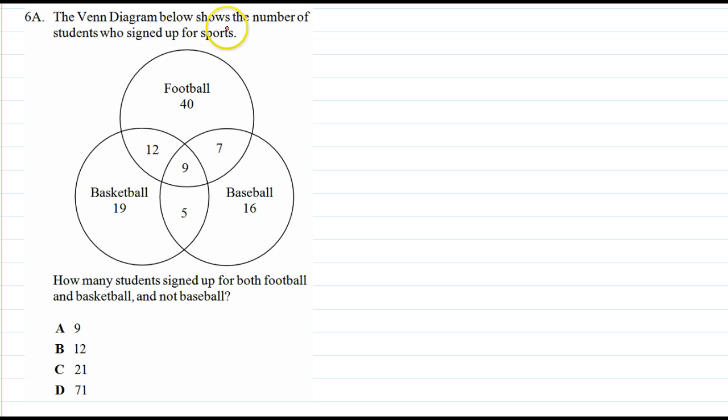6A, the Venn diagram below shows the number of students who signed up for sports. How many students signed up for both football and basketball, but not baseball? So we want to look at the football circle here.